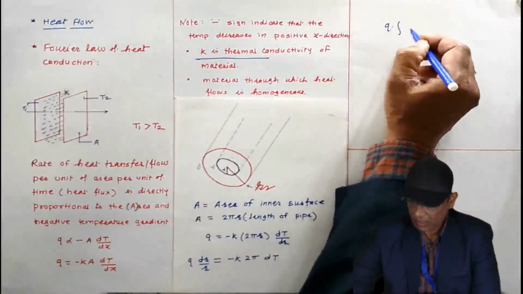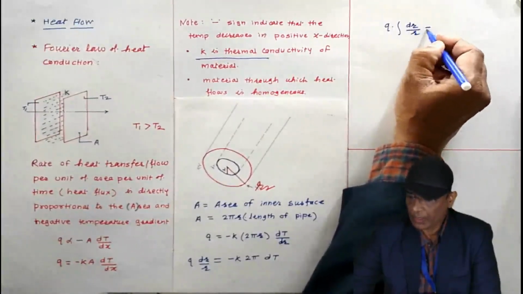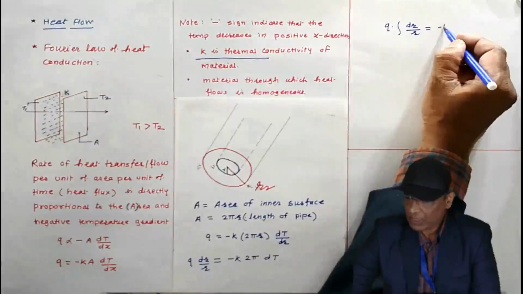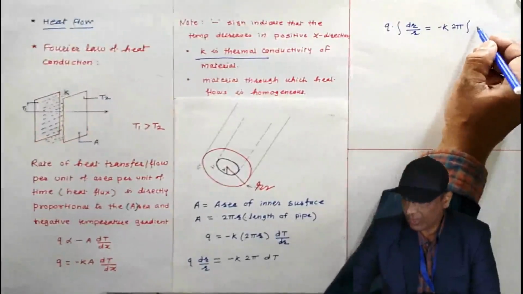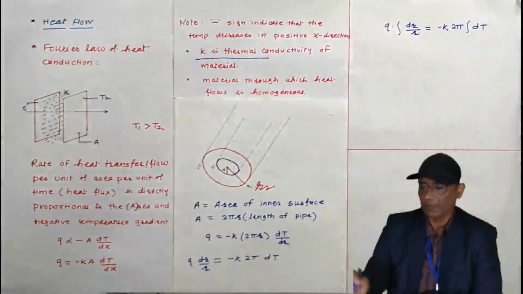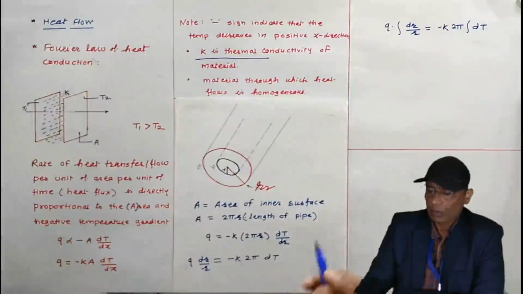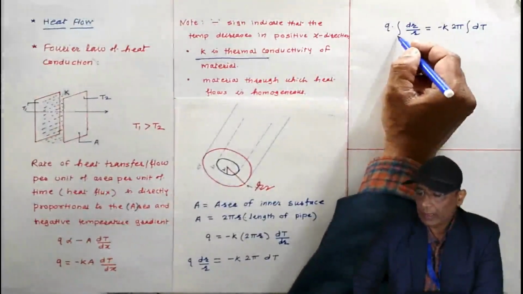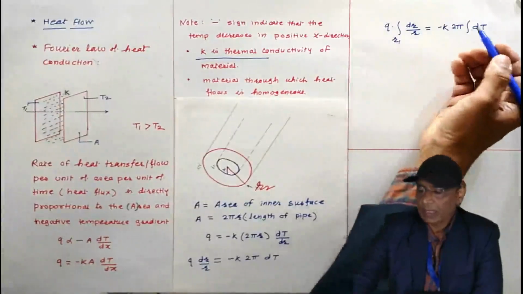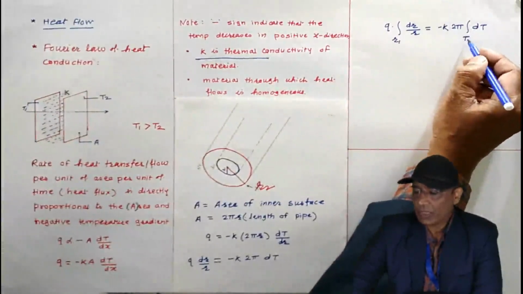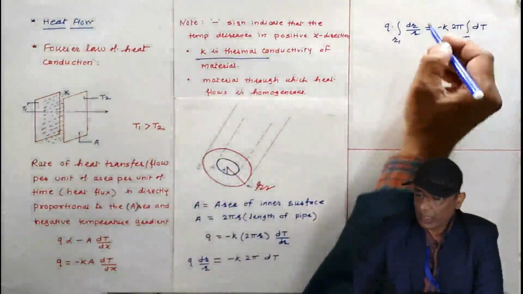Q is constant, dR by R. This equals minus K is constant, 2 pi constant, and the integral of dT. Is it? Now, this integral I am going to solve. The radius of the inner surface is R1 and the temperature at the inner surface is T1. Okay, this T1 is greater than T2.